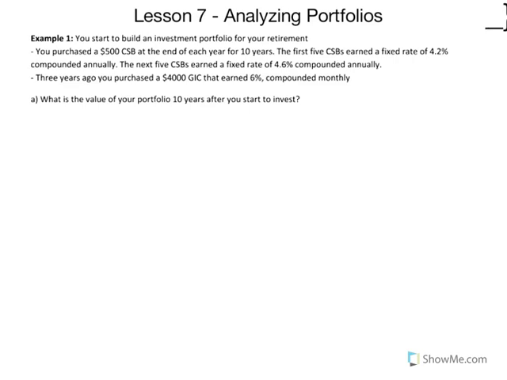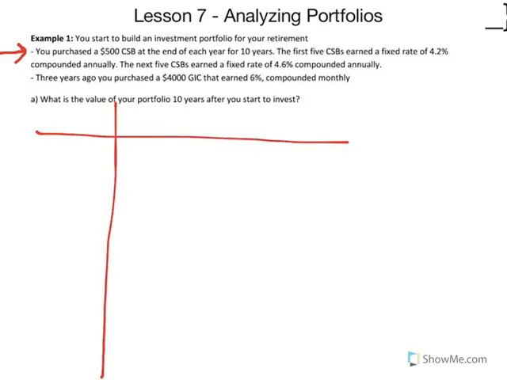So we're going to start with the first little section. You're doing this for 10 years, so we're going to make a chart. Year 1, 2, 3, 4, 5, 6, 7, 8, 9, 10. And each year, you're buying a CSB, and you're buying it for $500.